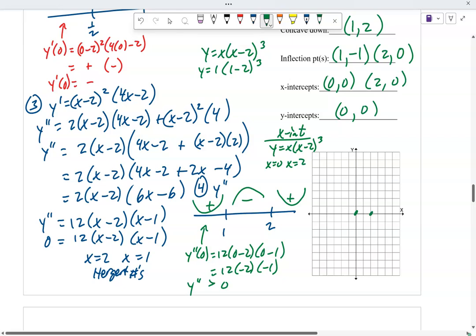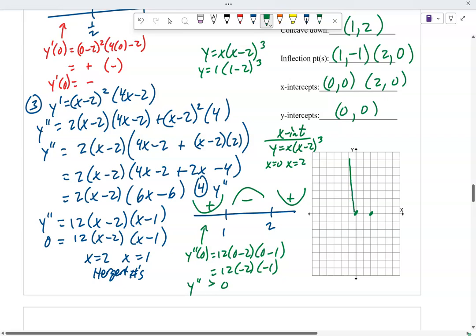We've got 2, 0. The original function is decreasing and concave up. It is decreasing to a half. So I'm decreasing and I'm concave up until 1.